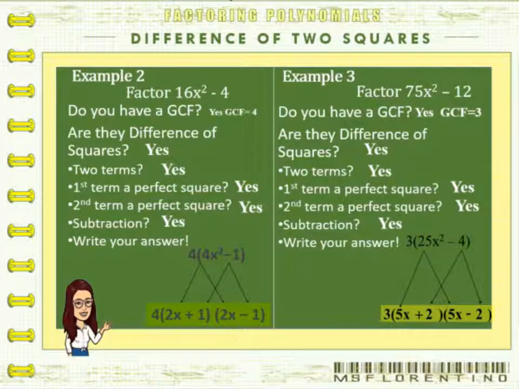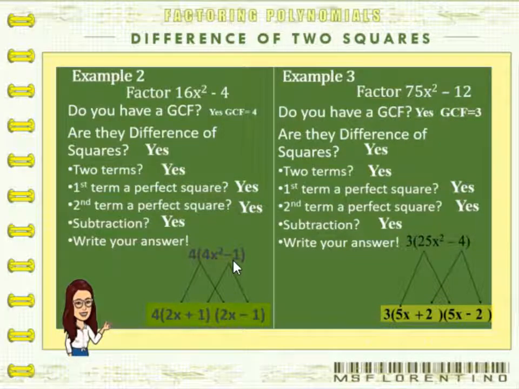Factoring polynomials completely. Example 2. Factor 16x squared minus 4. We first ask, do we have a GCF? Yes, the GCF is 4. Since the GCF is 4, we write 4 as our common factor. Then we get the remaining factor.